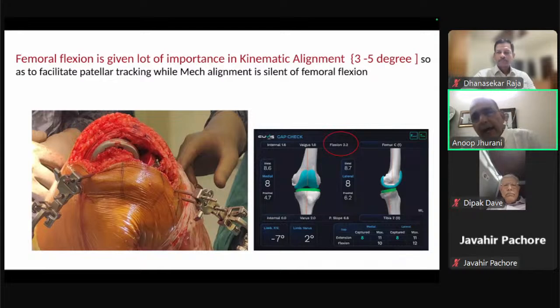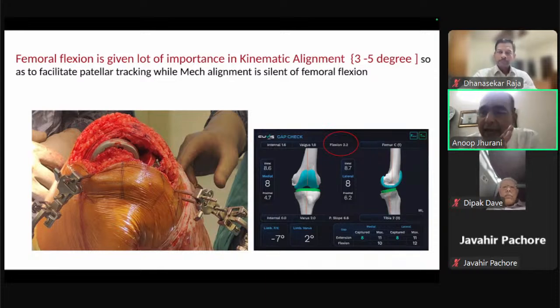Now, I talked about the coronal plane. So mechanical alignment, as I said, is purely a coronal alignment concept. And it does not say anything about the sagittal plane, especially on the femur side. So kinematic alignment speaks a lot about maintaining the flexion of the femoral component, that is between 3 to 5 degrees.